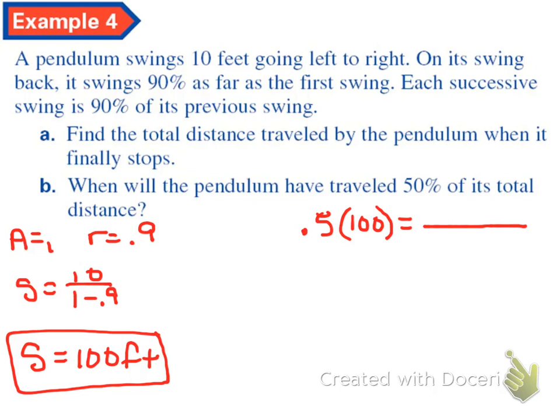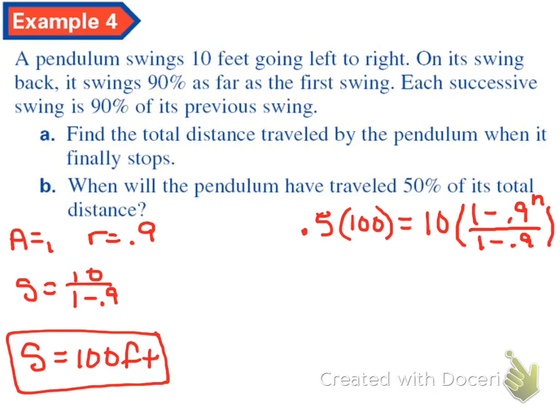Well, remember, the rule for a finite sum in a geometric sum is that it's the first term. In this case, the first term is still 10, times 1 minus the rate, which is 0.9, raised to the power of the number of times, well, that's what we want to know, on what swing, over 1 minus the rate.